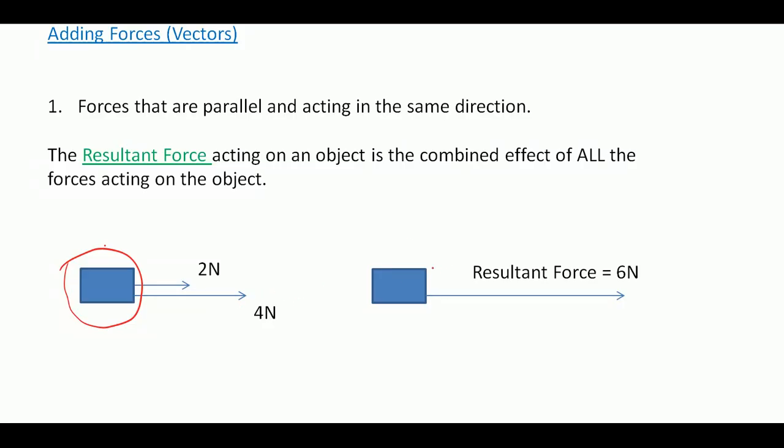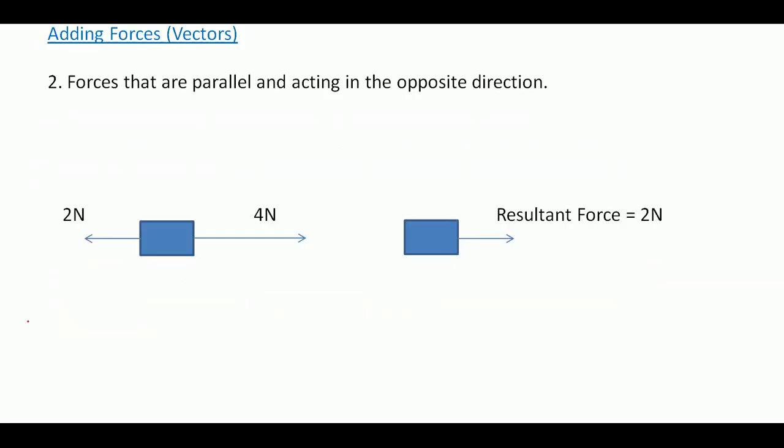So what is resultant force? The resultant force acting on an object is the combined effect of all the forces acting on an object, right? So if we have a 2 Newton force and a 4 Newton force acting to the right, the resultant force is 6 Newtons. We just add because they are acting in the same direction and they are parallel to each other.